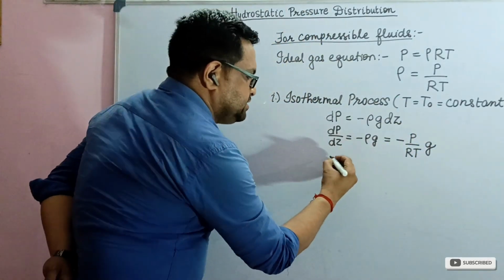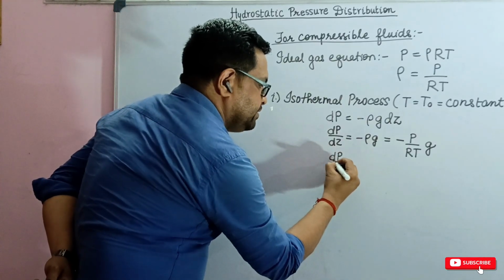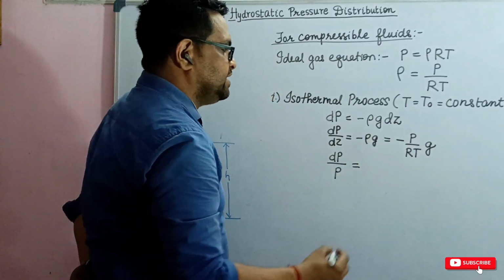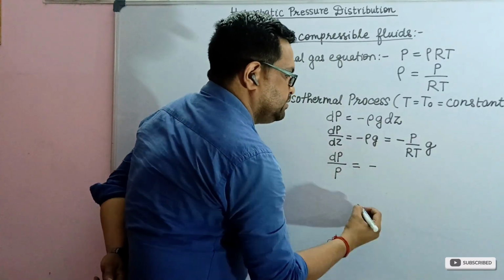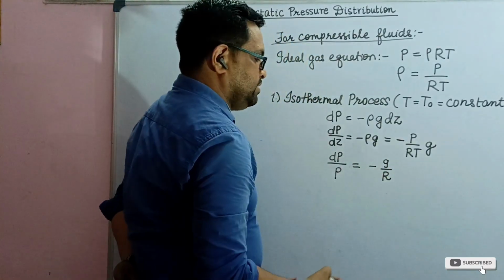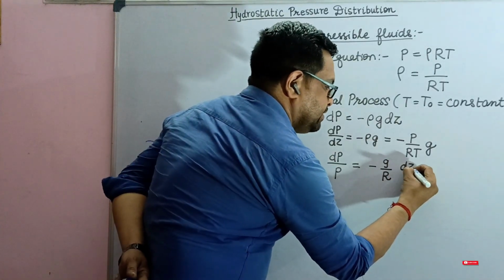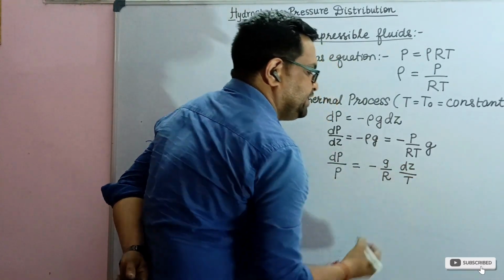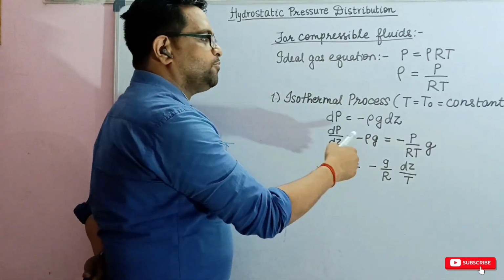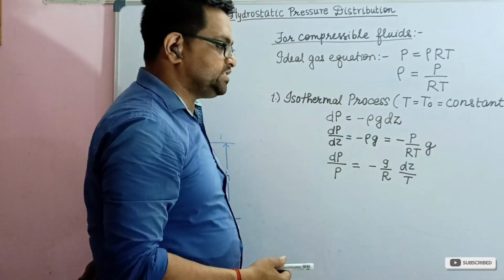Now on rearranging, we get dP upon P is equal to minus g upon R, dz upon T. Now, since the process is an isothermal process, the temperature is also constant.